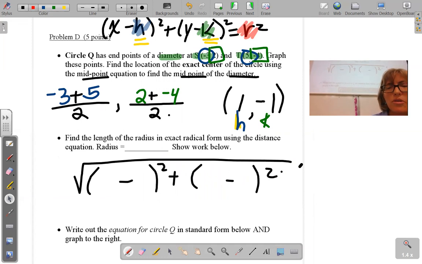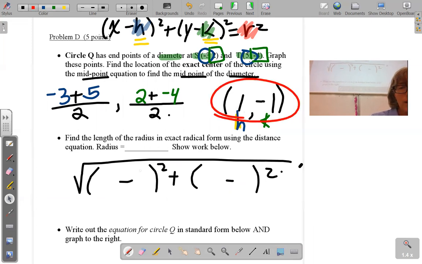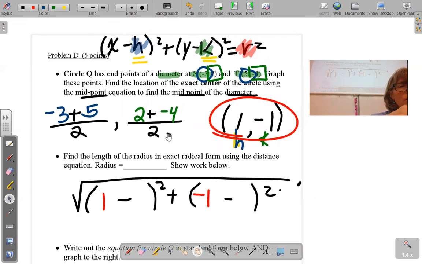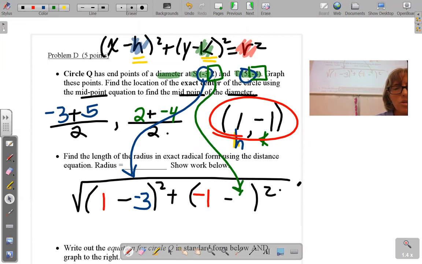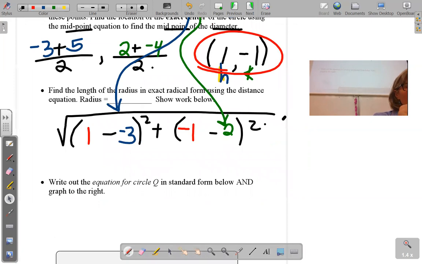We're going to put in our x and our y there, and then use the x value of S, which is -3, and the y value of S, which is 2.